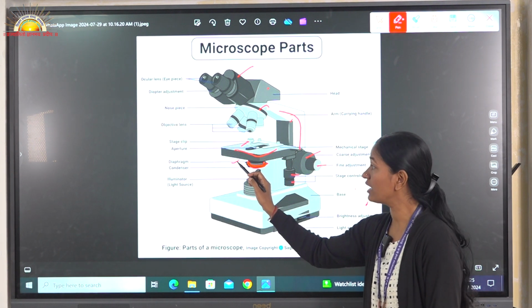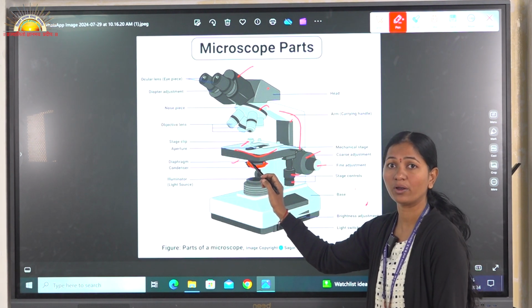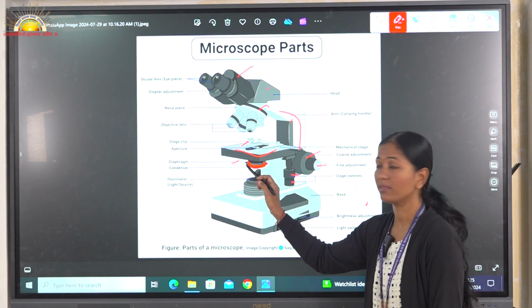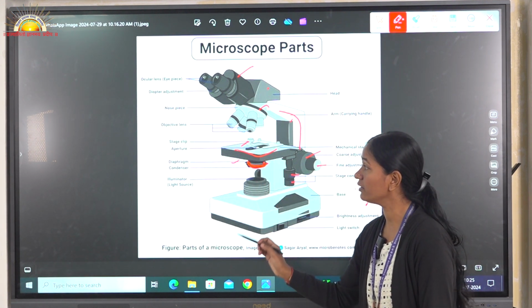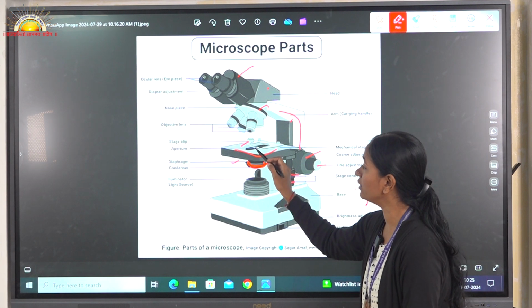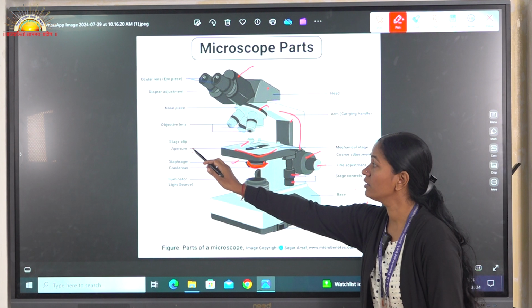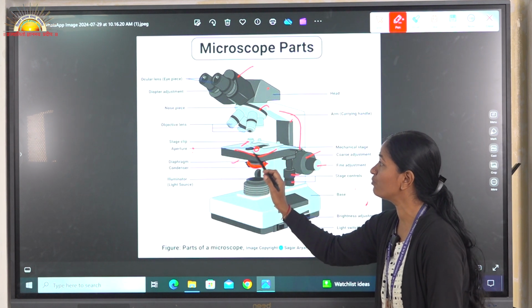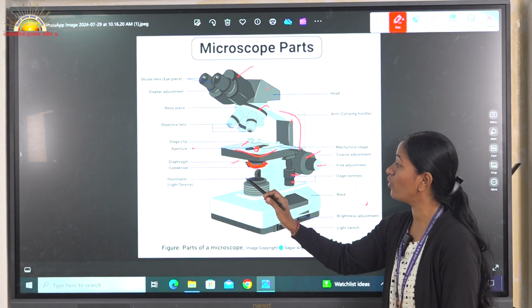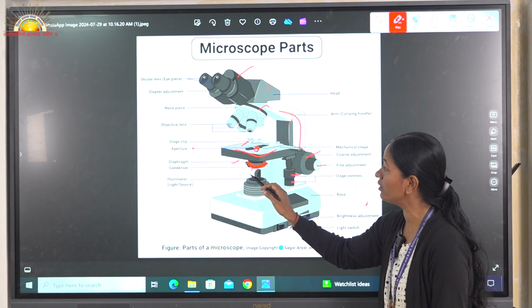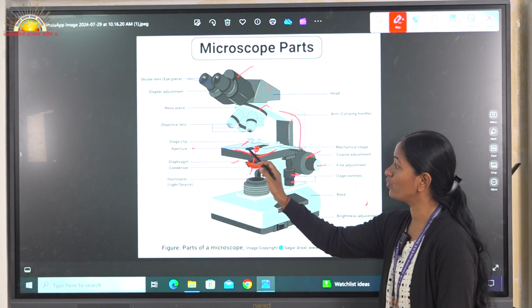By using the diaphragm you can cut the light or take more light to the specimen. Again, there is a small hole in the mechanical stage called the aperture, a small circular hole which passes light to the specimen.